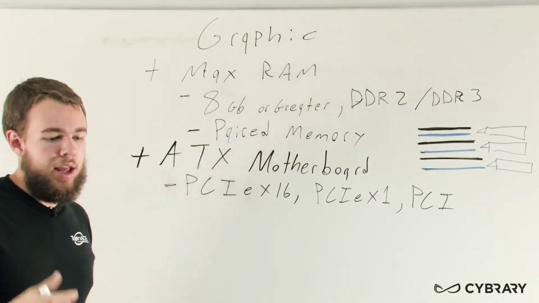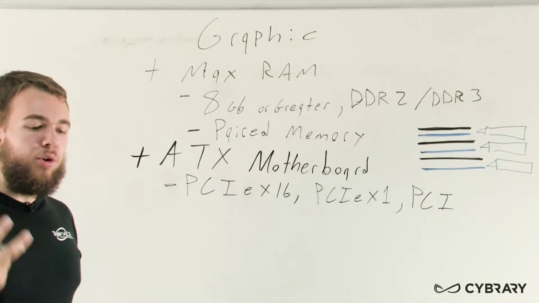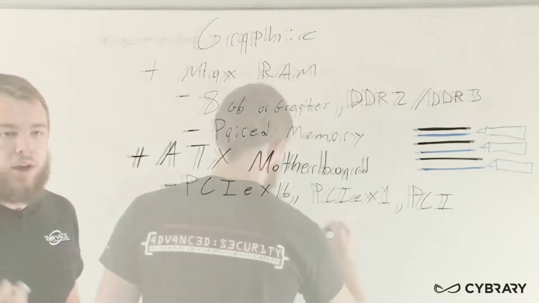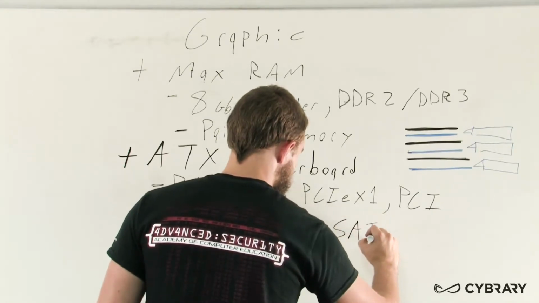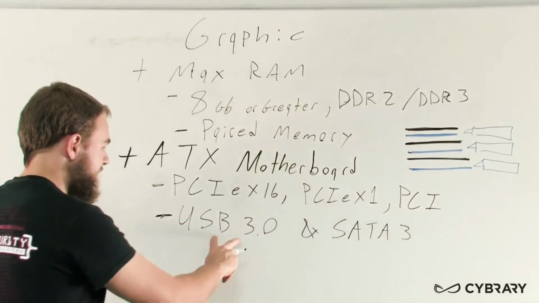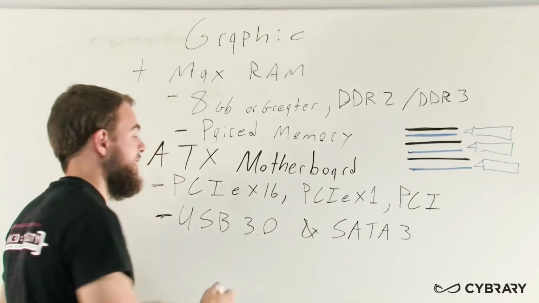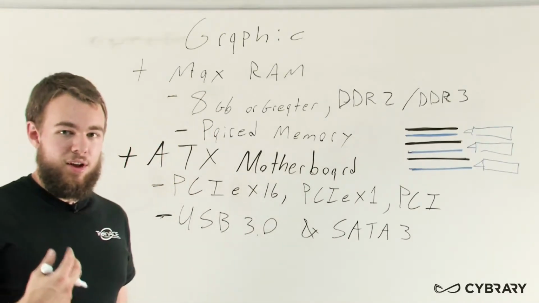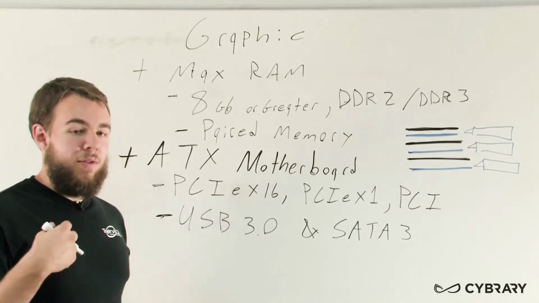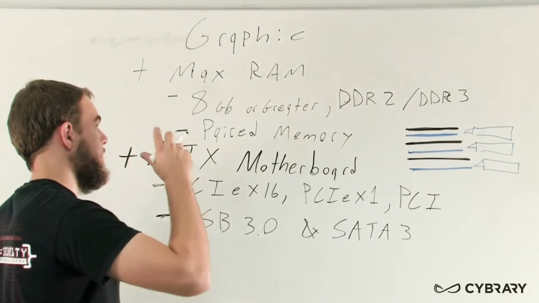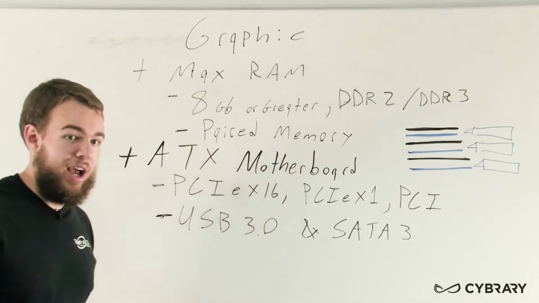We'll have more availability, and we want to try to include built into our ATX motherboard at least a few USB 3.0 and SATA 3 connections. Both of these are the highest of their class at transfer rates of transferring data. And this comes in handy, say, when we're creating a graphical design project.